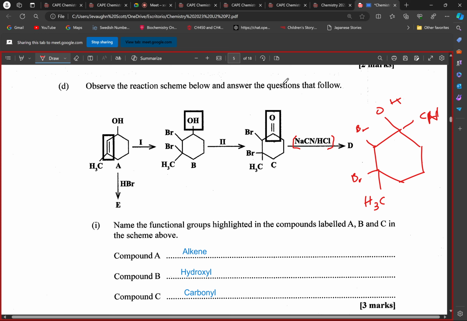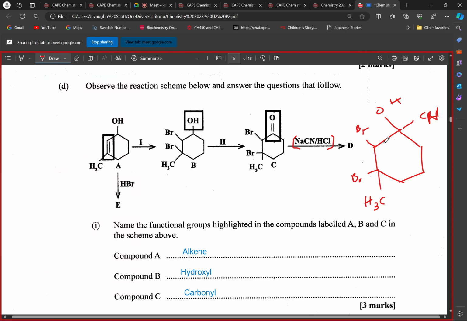The nucleophilic addition reaction, is it an SN? No, it's not an SN2 or SN1. It's a nucleophilic addition with carbonyl groups specifically to create nitriles, right? So it's a reaction that we've looked at in the reactions of carbonyl compounds.